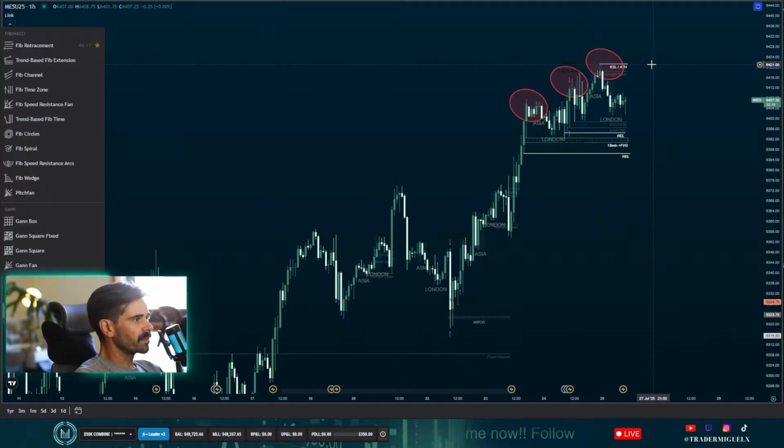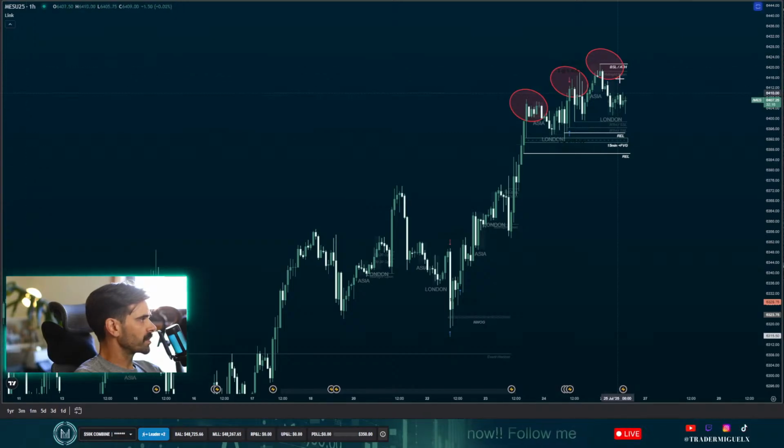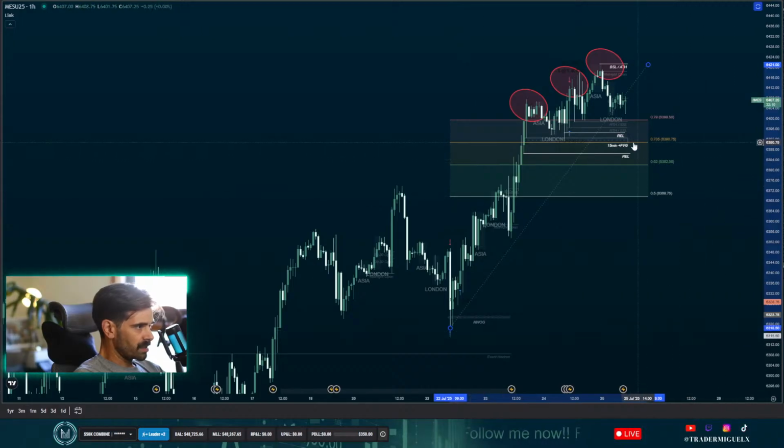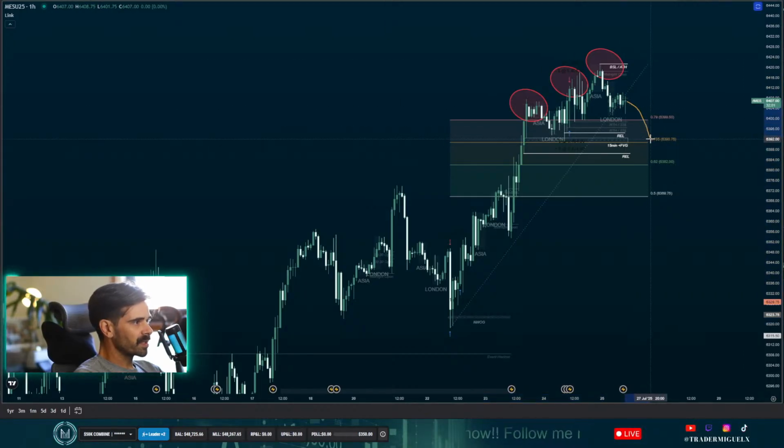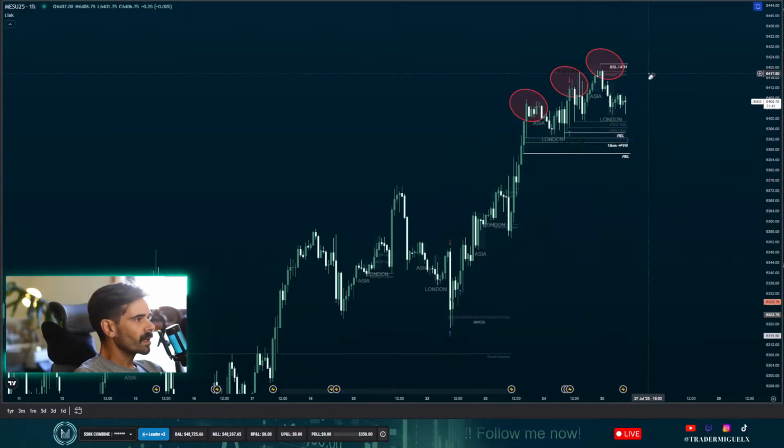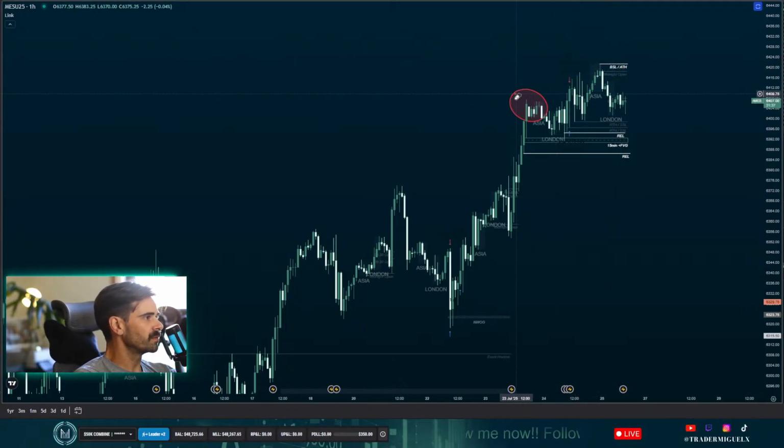So if we try to measure where those 30% are, somewhere here, down here, I would accept the price can retrace down here, taking out all this liquidity that is resting here, eventually here, and eventually here down as well. So this can be a projection of what price will do for today's price action.